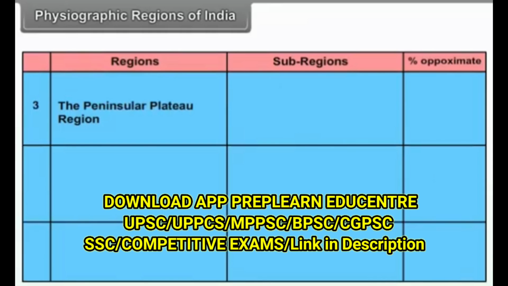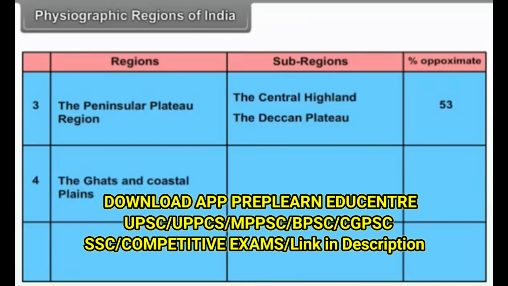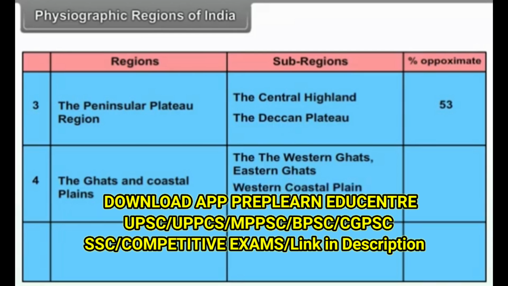The Peninsula Plateau region: the Central Highland, the Deccan Plateau, 53%. The Ghats and Coastal Plains: the Western Ghats, Eastern Ghats, Western Coastal Plain, the Eastern Coastal Plain, 53%. The islands: the Arabian Sea Islands, Bay of Bengal Islands.